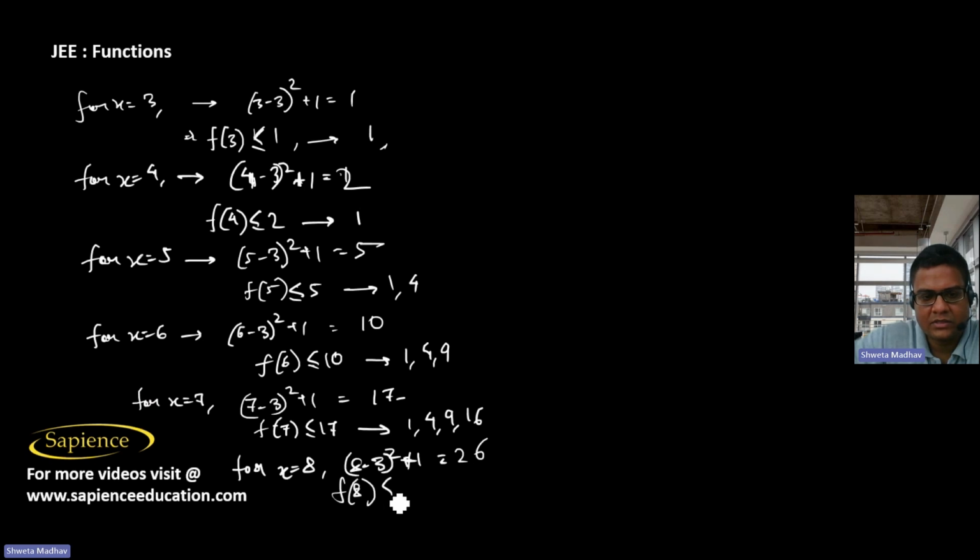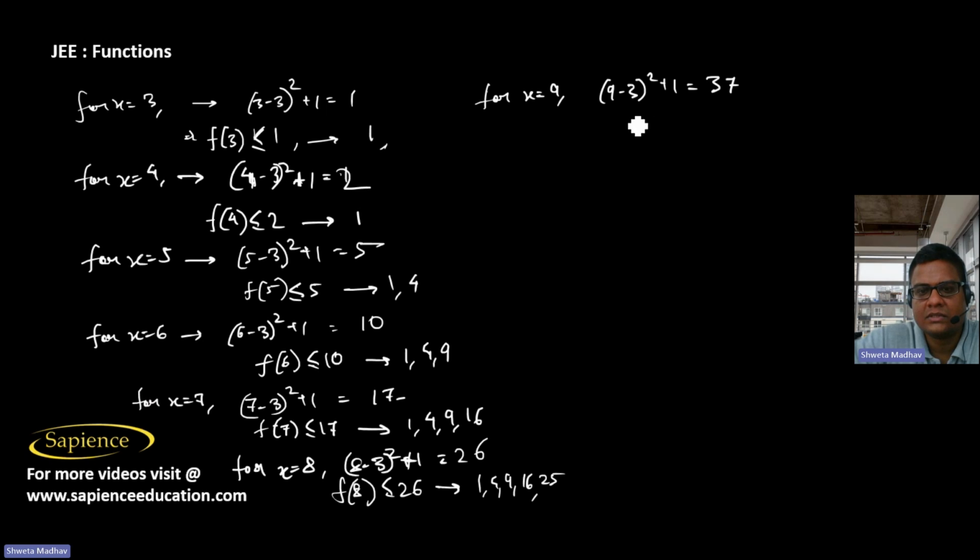So f of 8 should be less than or equal to 26, so it can be 1, 4, 9, 16, and 25. So it has 5 options. Then for x equal to 9, (9 minus 3) whole square plus 1, that is 6 square, 36 plus 1, that is 37. So f of 9 should be less than or equal to 37, so it will have 1, 4, 9, 16, 25, and 36. So it will have 6 options.